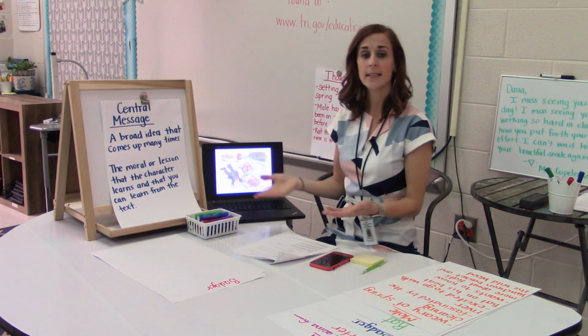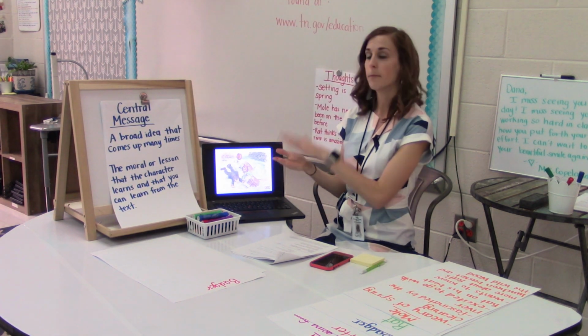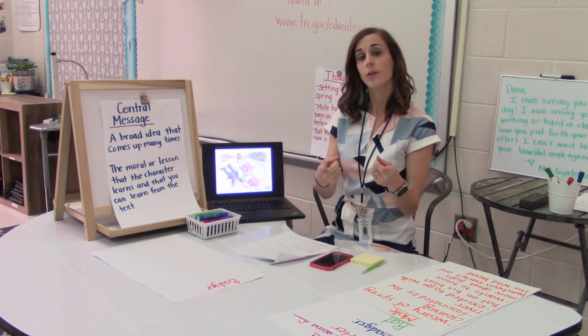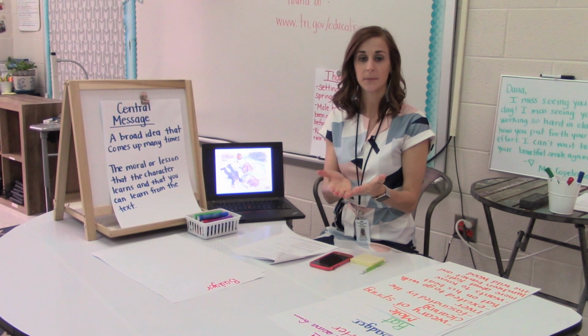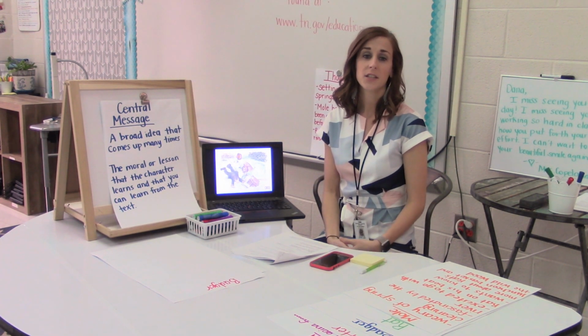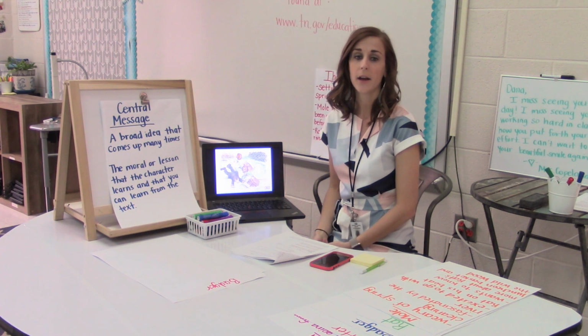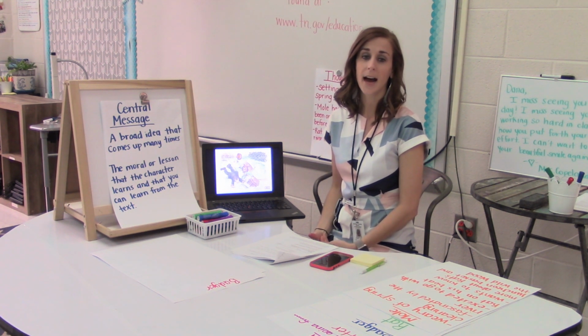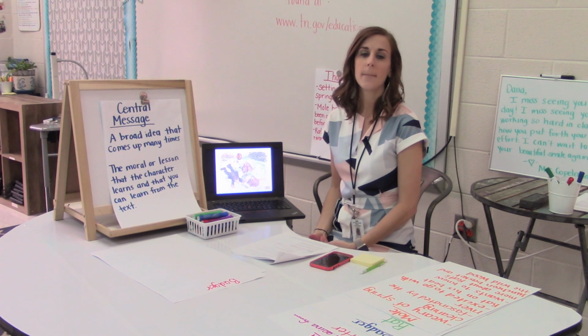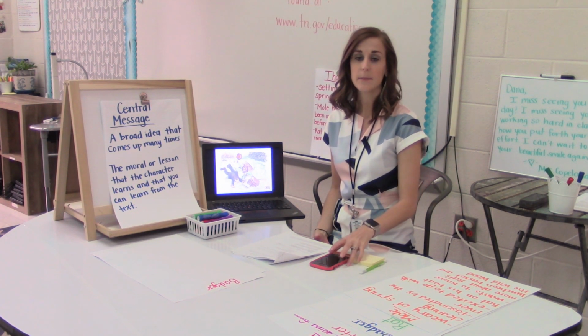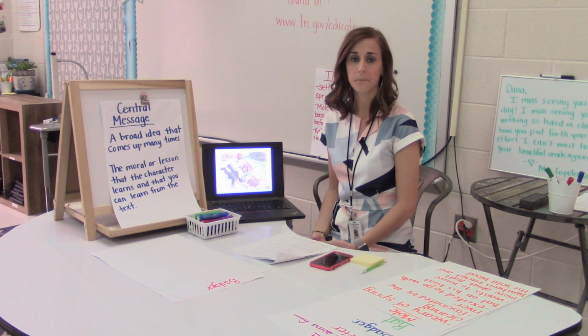I have told my students that a central message is a moral or lesson that the character learns and that you can learn from the text. Central messages are like characters, setting, and plot, which the author uses to help guide the story. There are many recurring central messages in The Wind in the Willows. This means that the messages repeat again and again in the story.